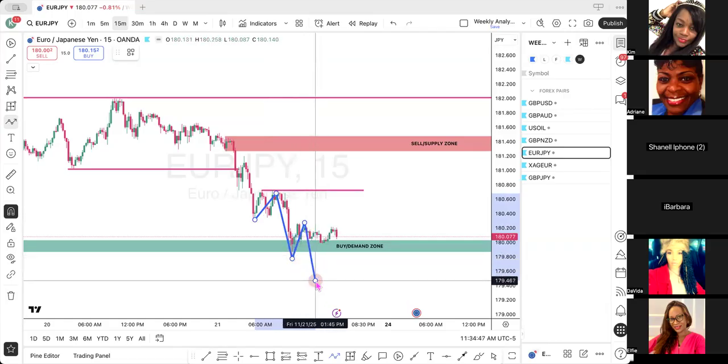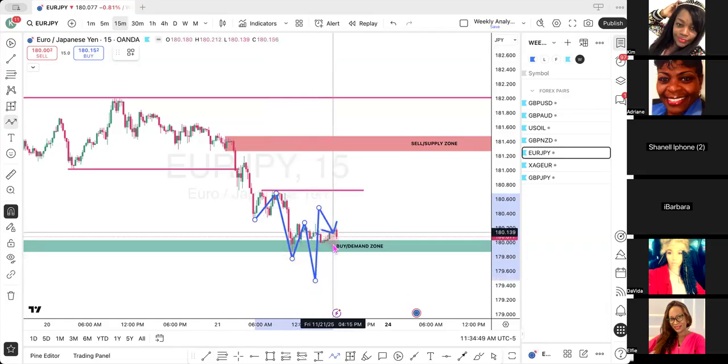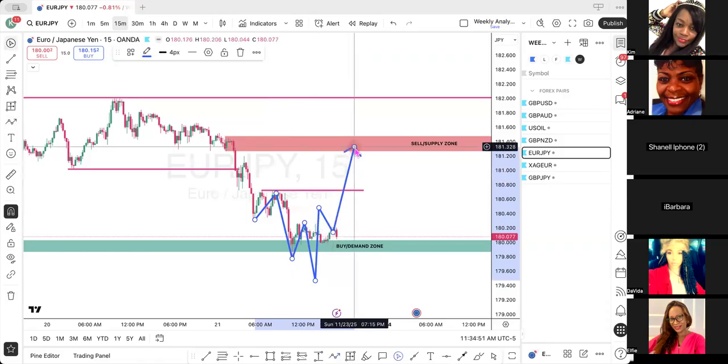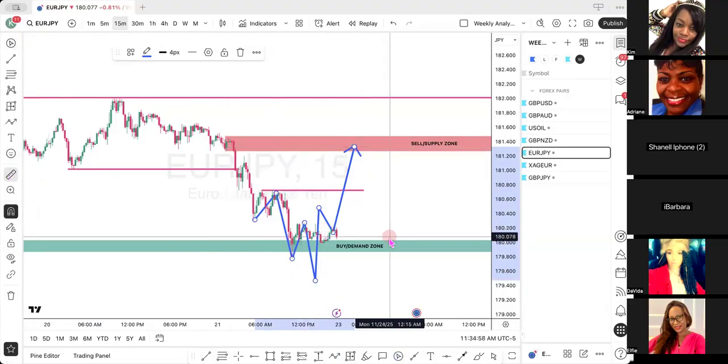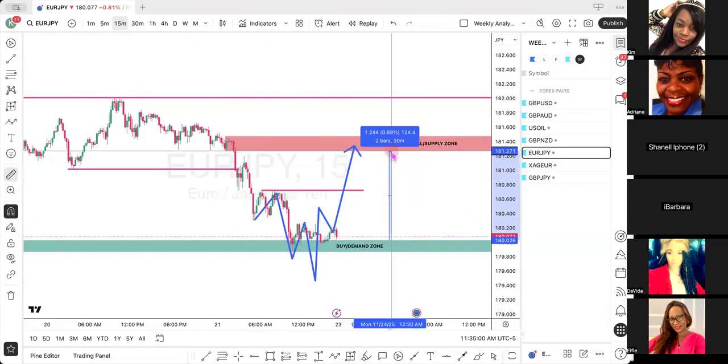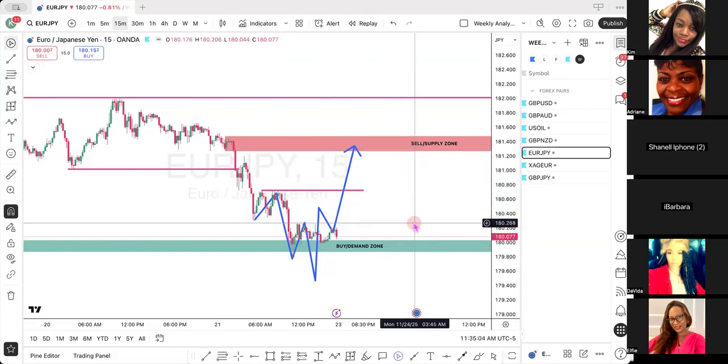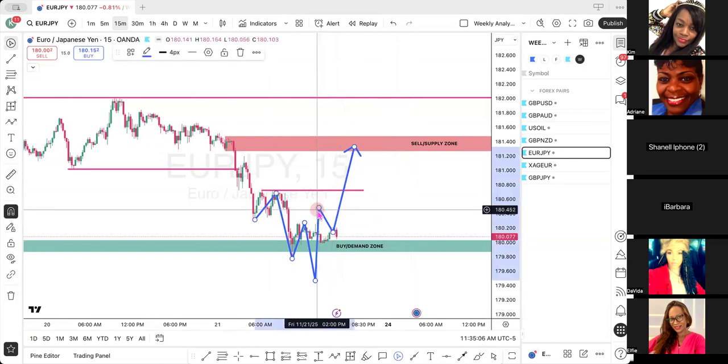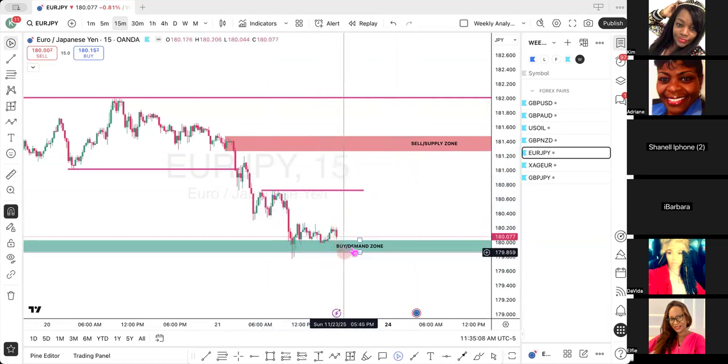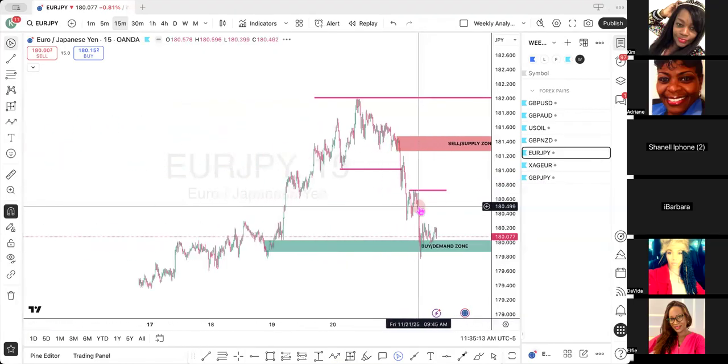If it breaks this low and then shifts structure, then I would say you can buy from there, which would be about 120, 25 pips. But it's got to show you the structure first. All right, any questions on EJ?